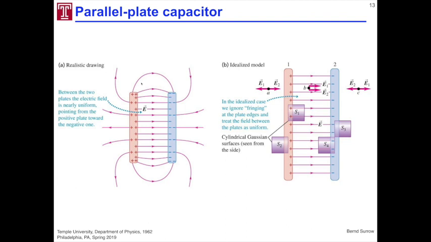So the field by itself, set up by that infinitely large plate, has a physical reality. It comes into existence, and you know something about that if you bring a test charge to it. Not only does it have an impact on a charge in terms of a force, namely a test charge, it also stores energy. So that's a very, very important thing, that a field by itself stores energy.